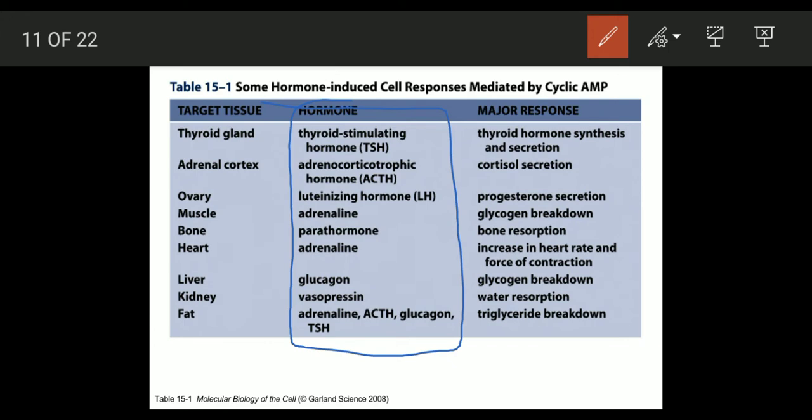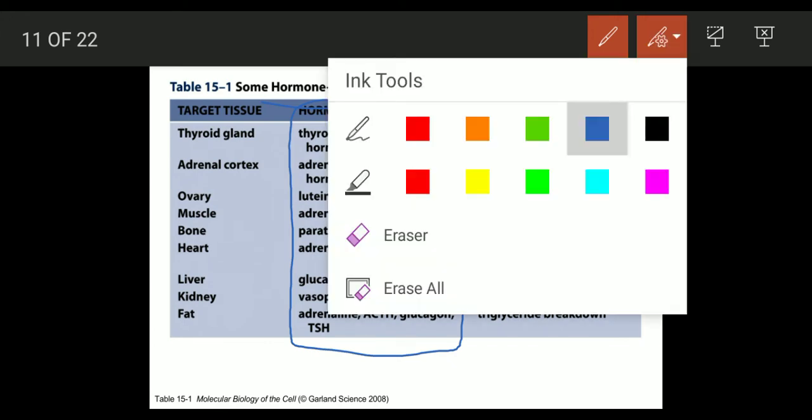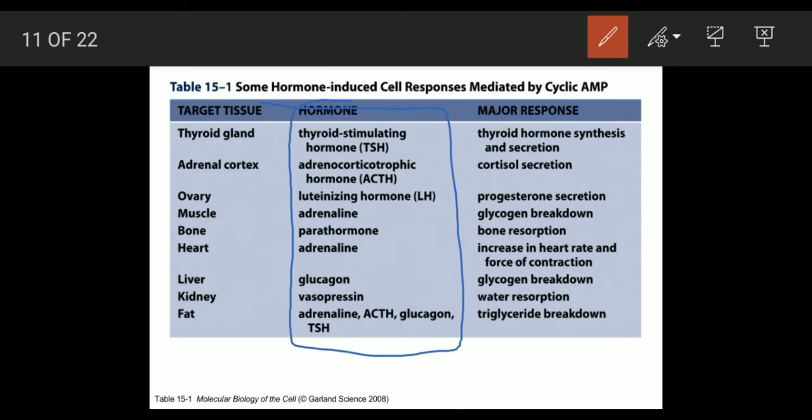These hormones are sent from one cell to another cell, and this hormone acts on the target tissue, that is the thyroid gland. According to the ligand, the signal molecule, this thyroid gland will show a response, and thyroid hormone synthesis and secretion will increase.